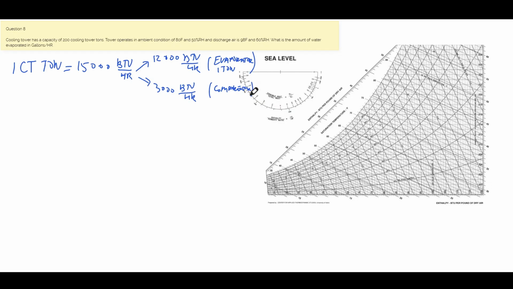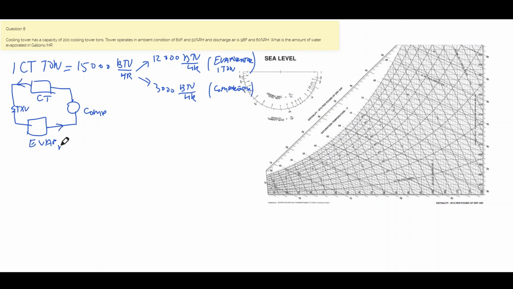So essentially, if you take a look real quick at your refrigeration cycle, this is your evaporator. Then it goes to your compressor, your cooling tower, and thermal expansion valve.